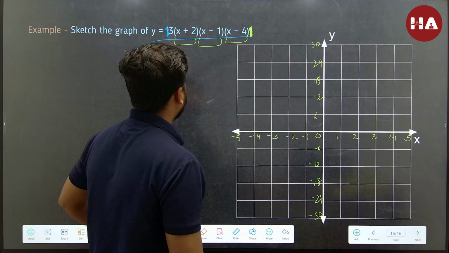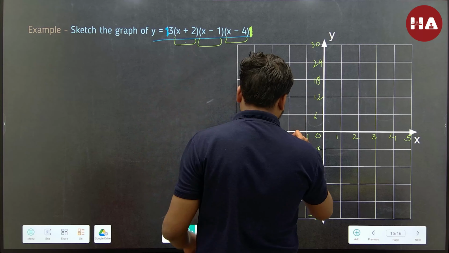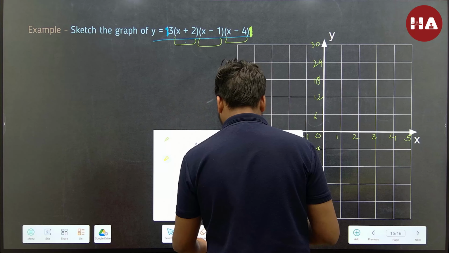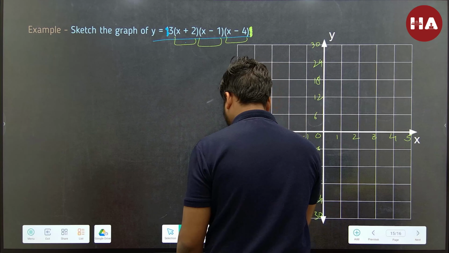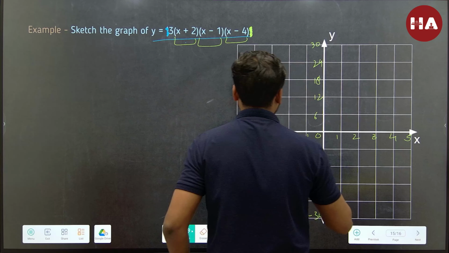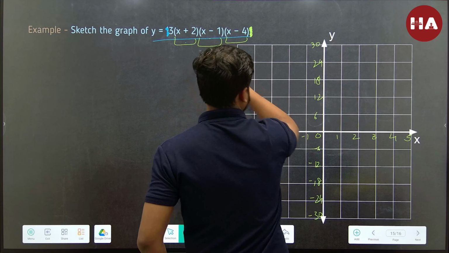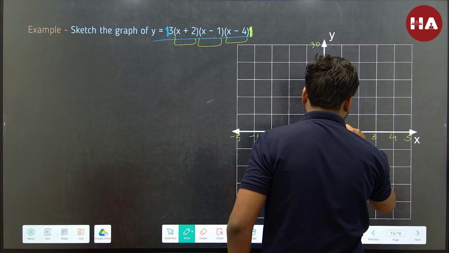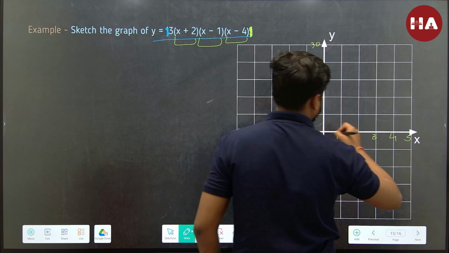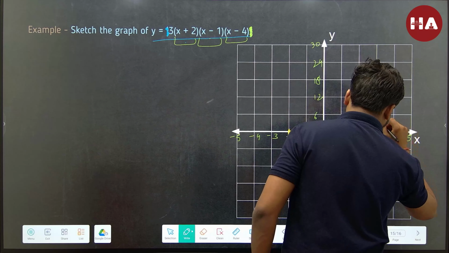Now, one of the values of x is -2, that is this one. The other one is x = 1, that is this one. The last one is x = 4, that is this one.